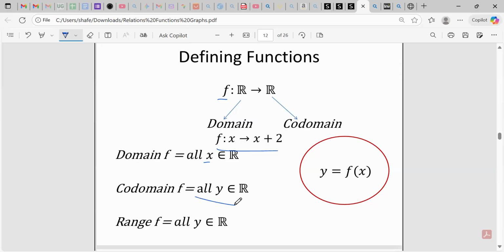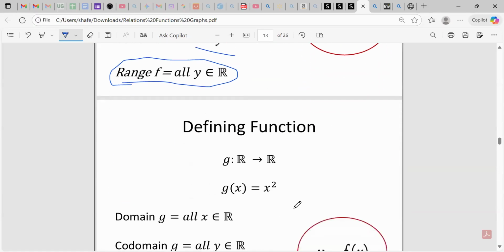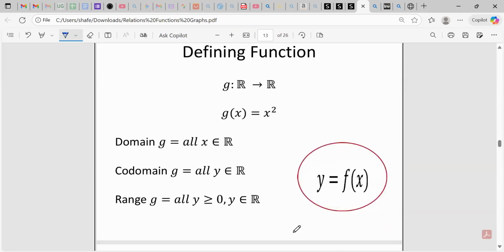The codomain also, all the real numbers. All y is an element of R. And the range happens to be all the real numbers as well. So in this case, the codomain and the range are the same thing. These are very basic ideas in functions. Unless you study functions to a higher level, you wouldn't have to worry too much about these deeper things.